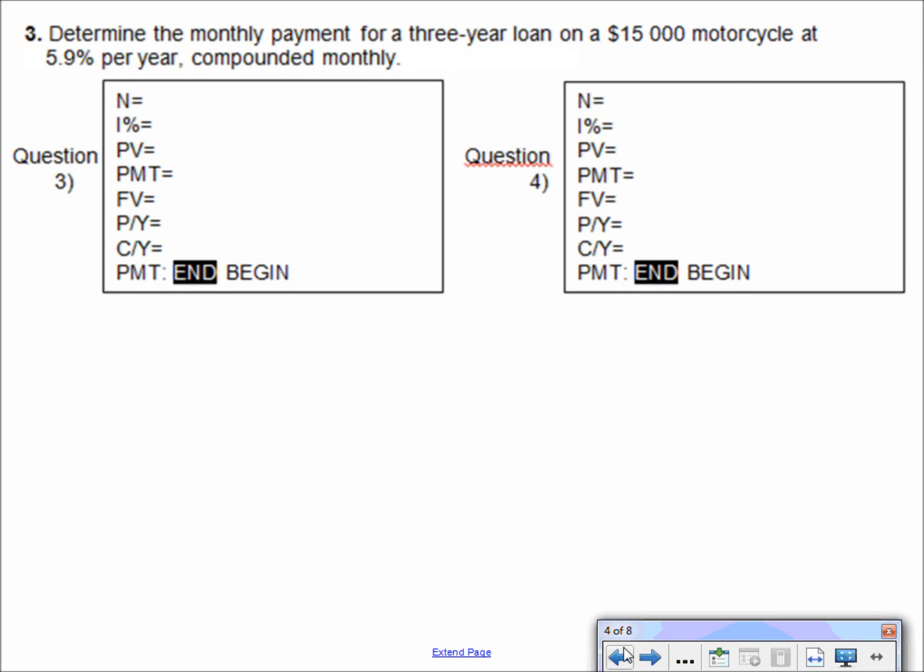3. Determine the monthly payment for a 3-year loan on $15,000 at 5.9% per year compounded monthly. Okay, so now this one's a little different, right? We actually want to calculate our PMT for a 3-year loan on a $15,000 motorcycle.